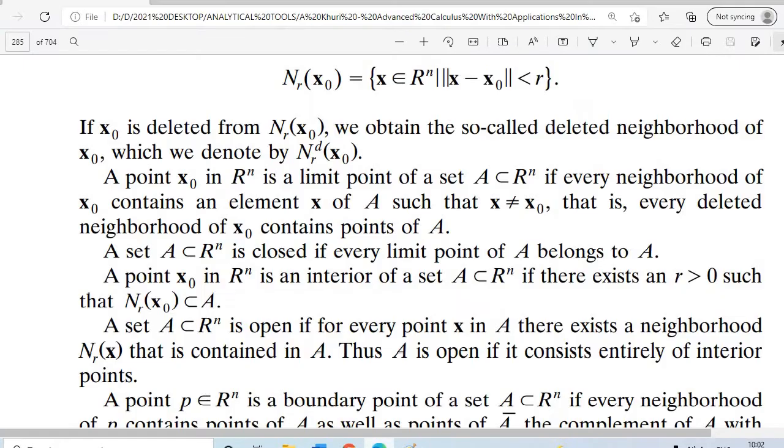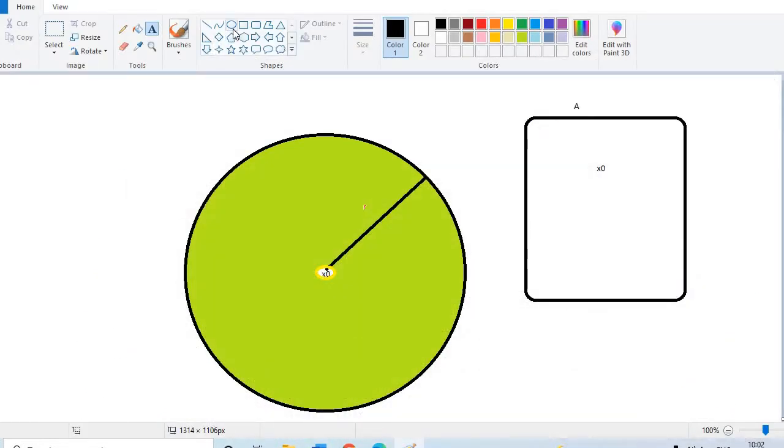It is a limit point if every neighborhood of x naught contains an element x of A such that x is not equal to x naught. If you draw the figure, suppose we consider a neighborhood of x naught like this.